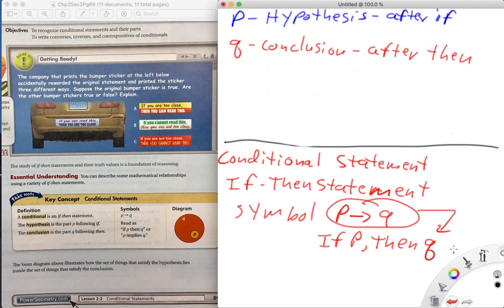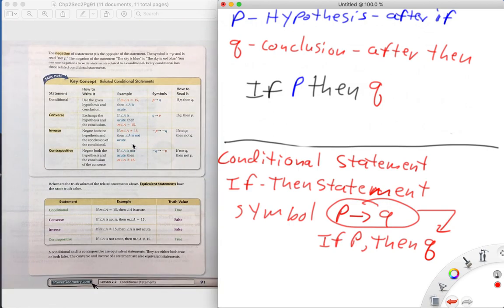So when we put this together, it's if P then Q. That is a conditional statement. We have a hypothesis P, we have a conclusion Q, and it's in the form of if this scenario occurs, then this thing will happen.